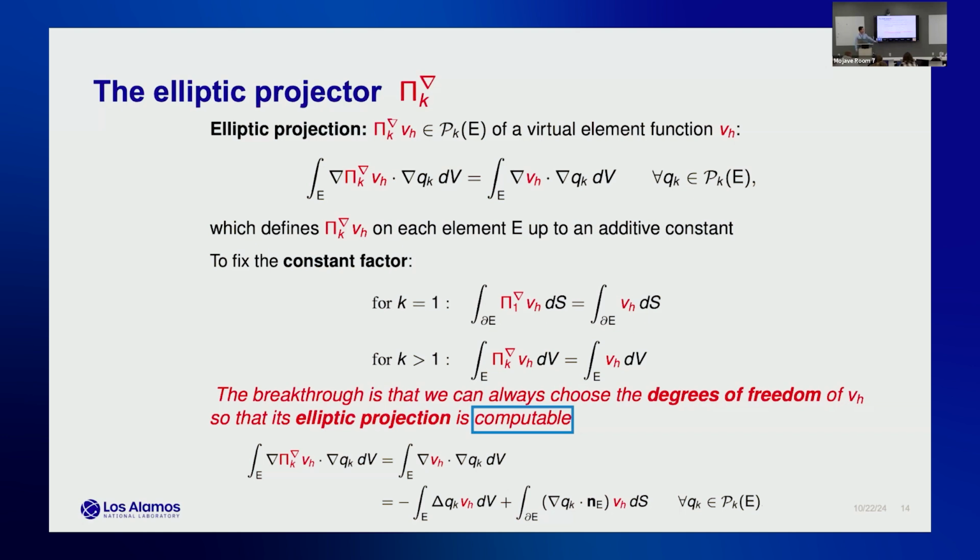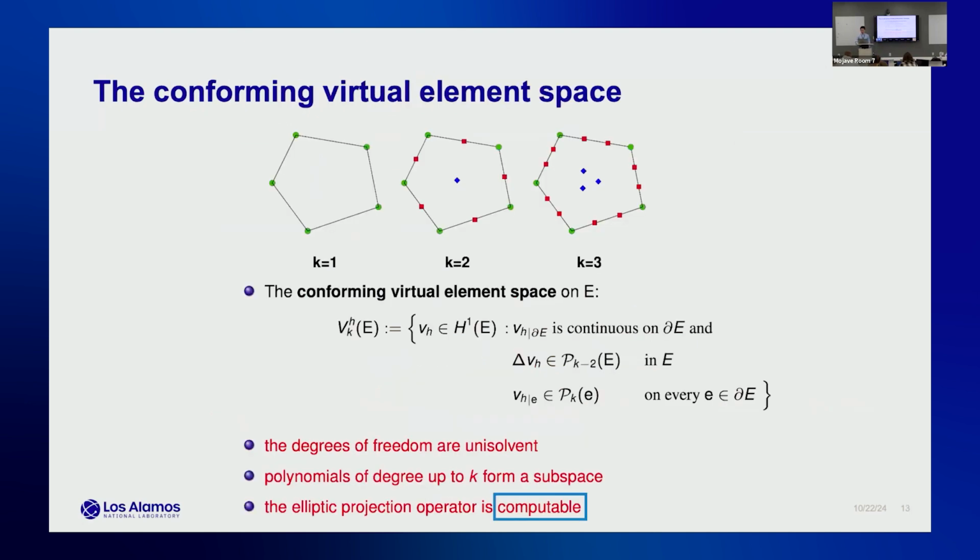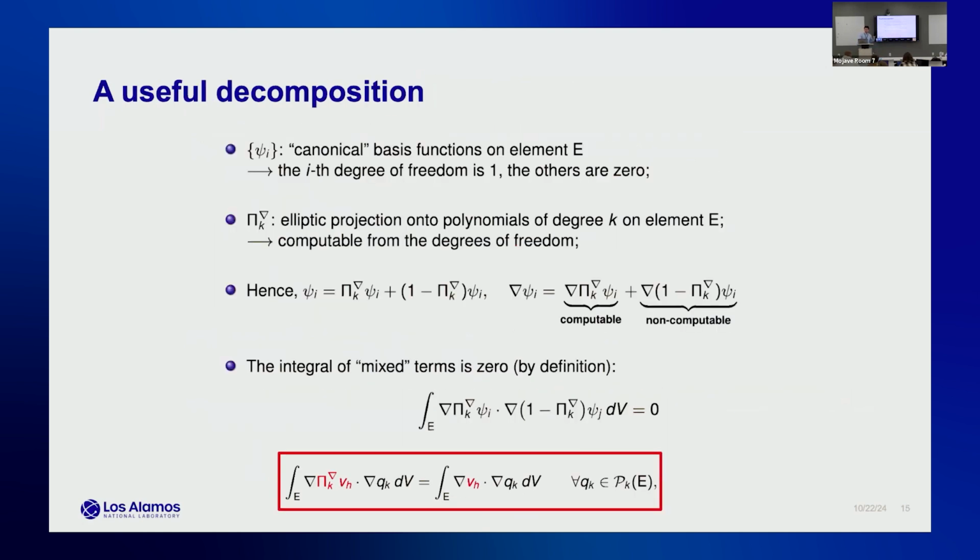But for k equals 2, we don't know what it is. That's why we define it as a degree of freedom. For k equals 1, Laplacian of q is a constant. That's why in this slide for k equals 2, we have a degree of freedom inside of the element.